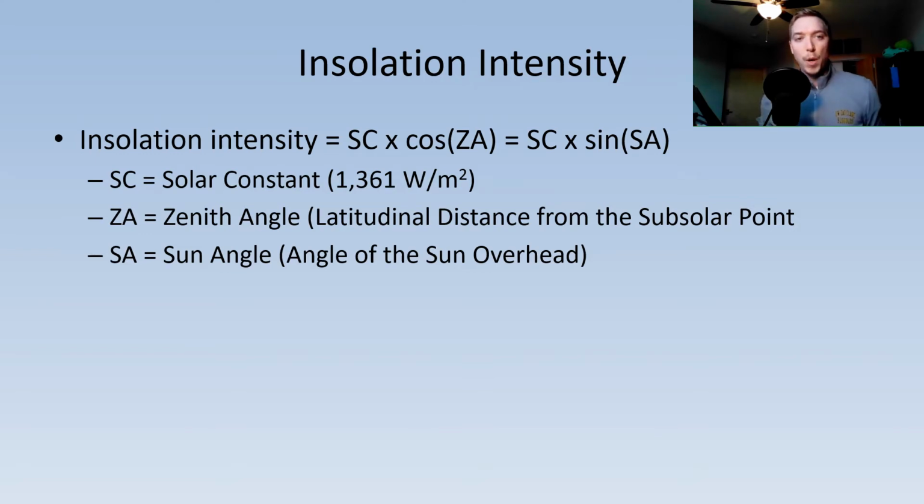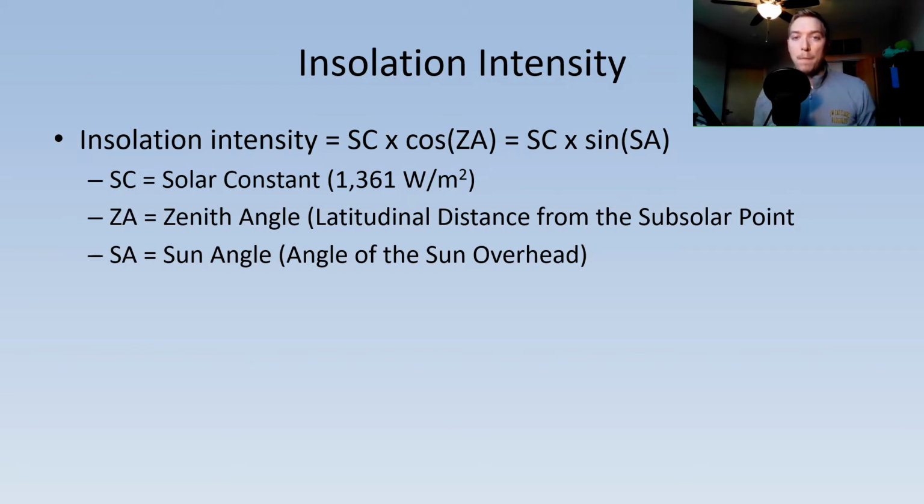So here's the equation for insolation intensity. It is SC, which is our solar constant, that 1,361 watts per meter squared, times the cosine of the zenith angle, which is the latitudinal distance from the subsolar point. So the sun is perceived to be directly overhead, 90 degrees overhead, at the equator, right? Makes sense. It's our 0-degree latitude.